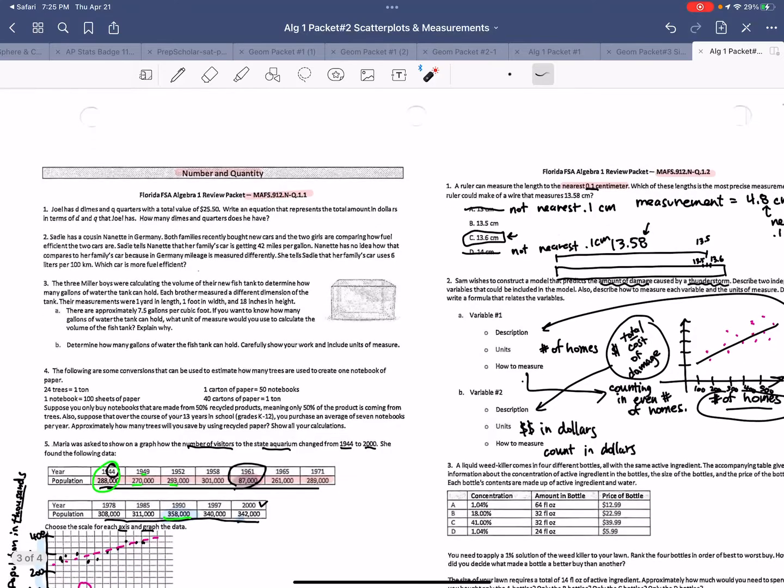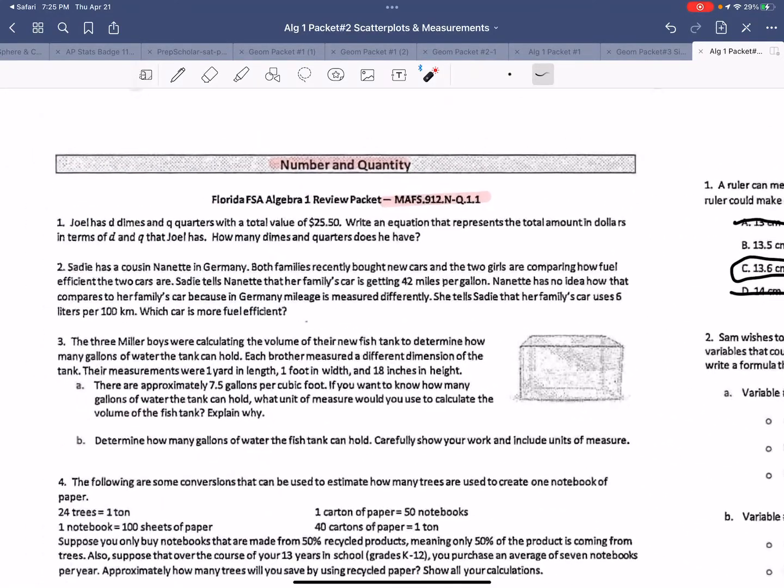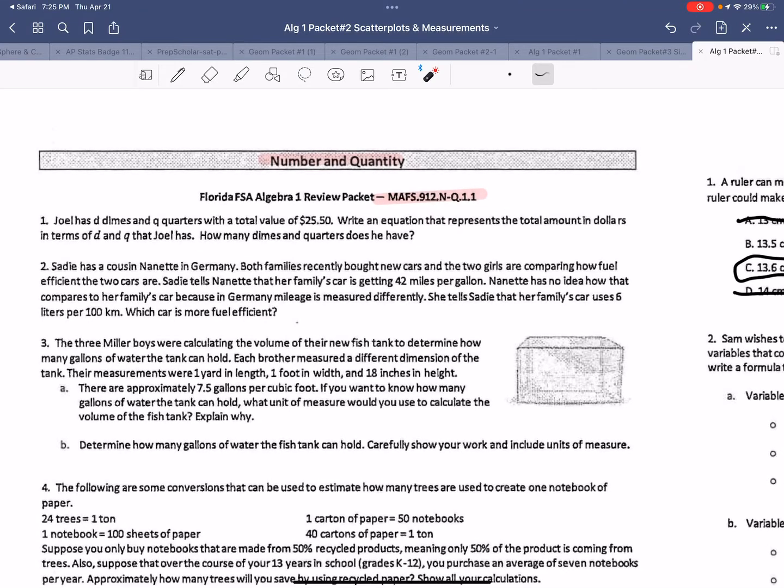So let's see, which one should we do? Let's see, question number 1 says, Joel has D dimes and Q quarters with a total of $25.50.